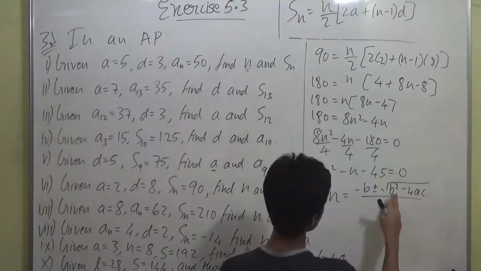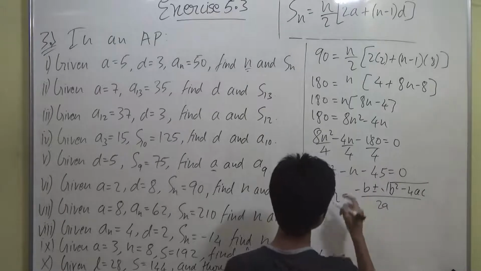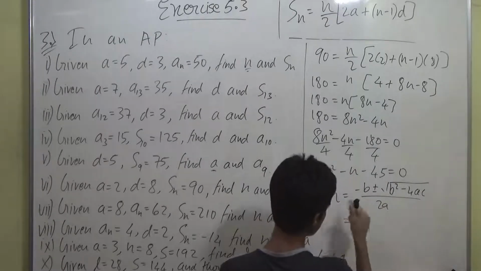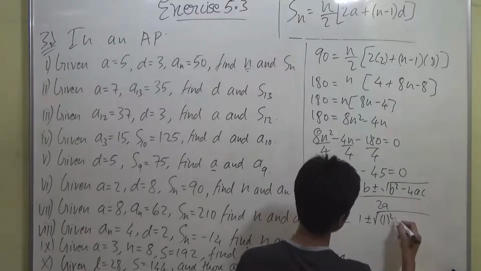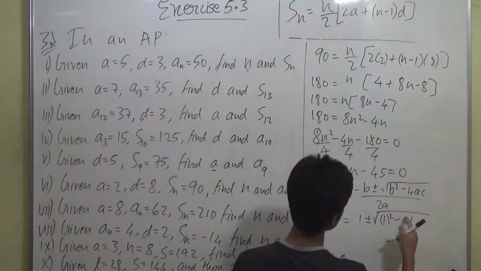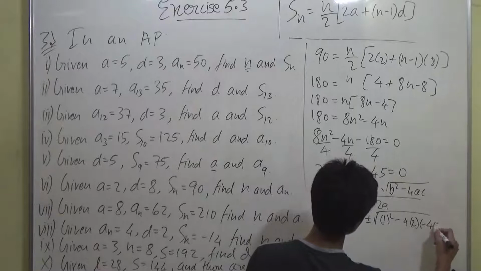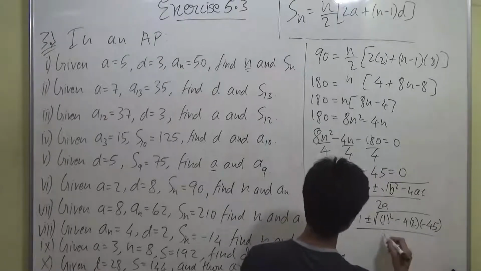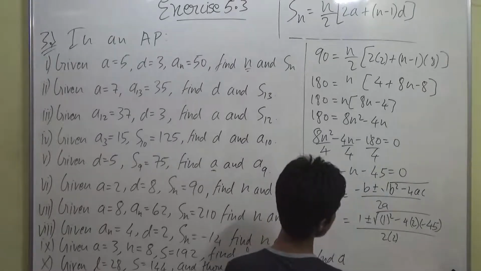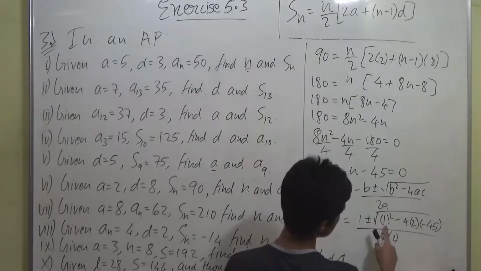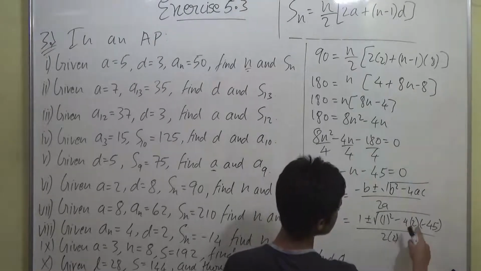Now if I put all the values into this equation, it will become minus of minus 1, b here is minus 1, so it will become plus 1 plus or minus root over b square is 1 square minus 4 into a into c. So a is 2 and c is minus 45, right, by 2 into a is 2. So now if I solve, this is going to become 1 plus or minus root over 1, minus into minus will become plus, plus 8 into 45.